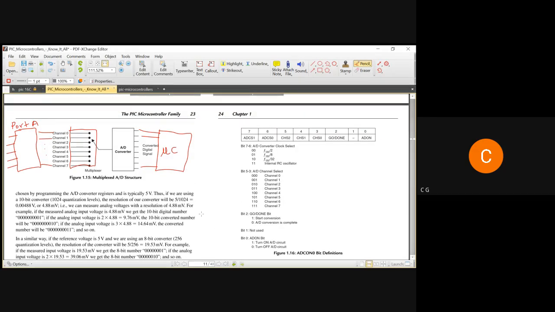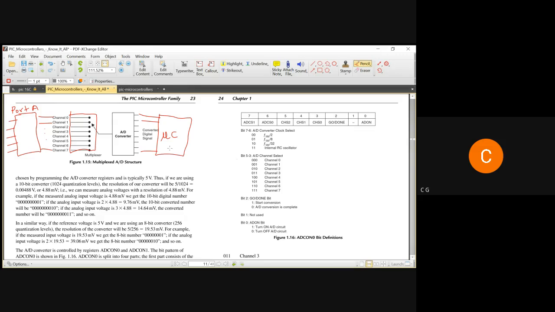Okay, and to utilize this A to D converter, there is a bit definition. The A to D converter will have its own control register like this, and it is 8 bit.